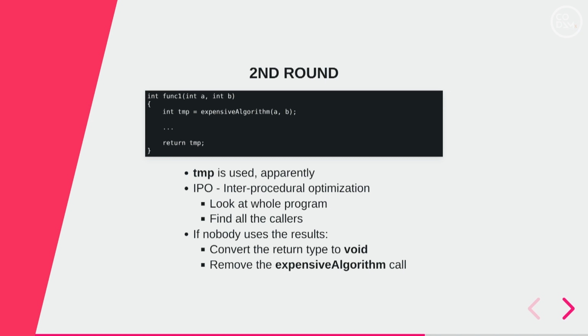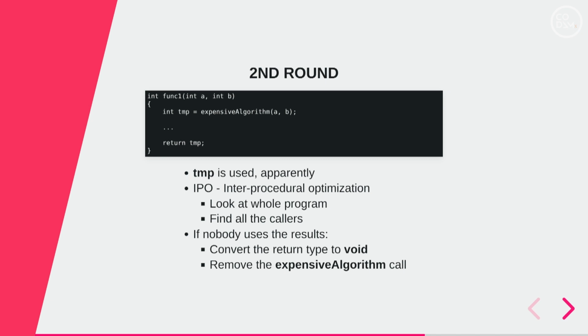They look across all the code for all the places that call the func1 function. And if nobody is actually using the return value, because maybe it's simply dropped and never stored in any variable, there are two transformations that we can do. First of all, we convert the function to void, and then we can remove the return statement, making TMP unused, and we can remove the whole thing again.